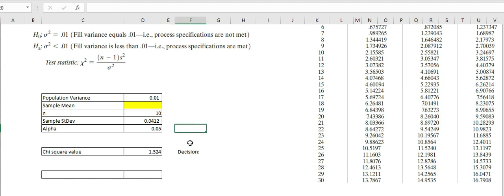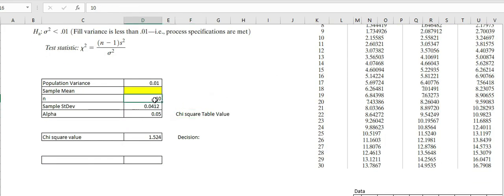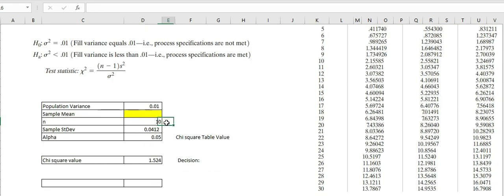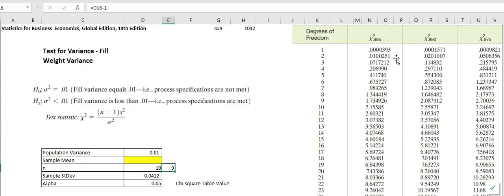So let's check the critical value for chi-square. Since the sample size is 10, the degrees of freedom is equal to 10 minus 1, so 9.